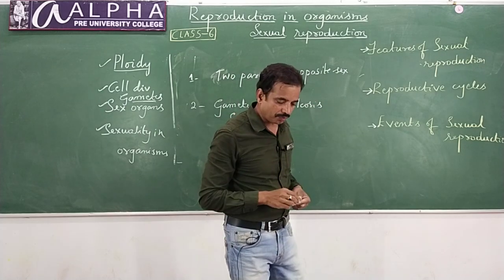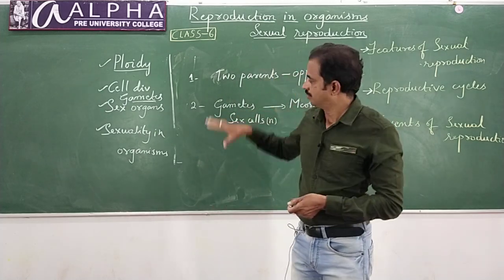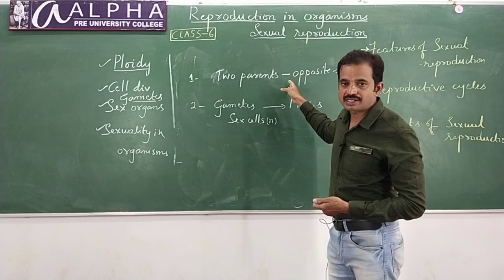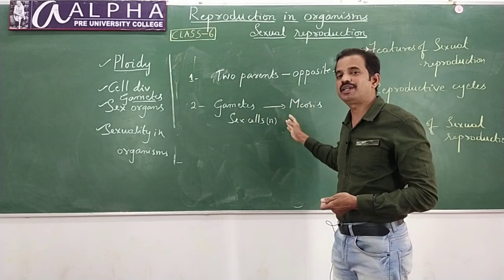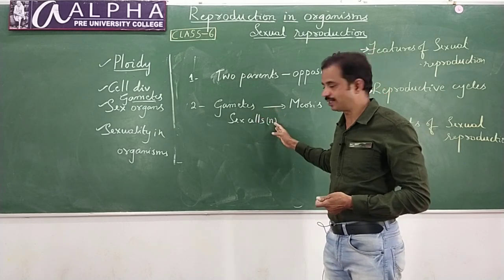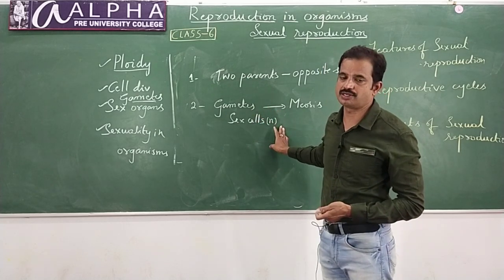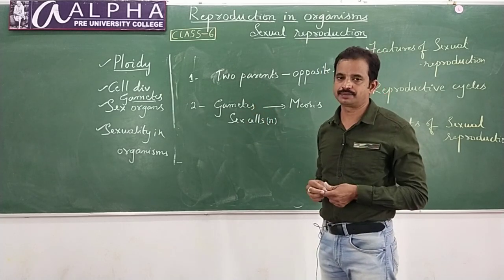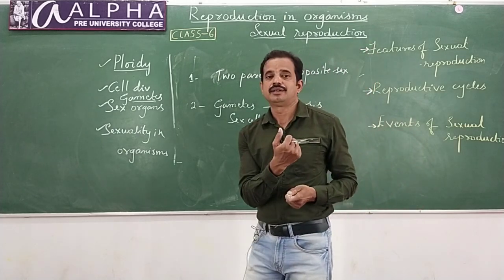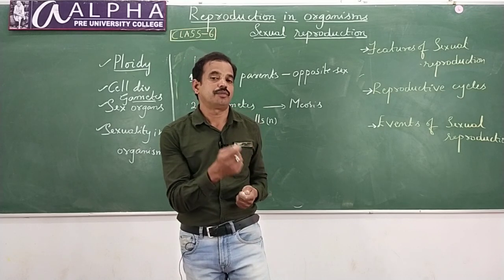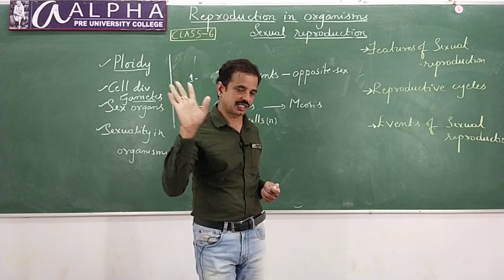During sexual reproduction, the two parents of the opposite sex produce gametes, haploid sex cells, sperm and ova, antherozoid or egg, by the process of meiosis in case of diploid parents, right? But in case of haploid parents, the gametes may be formed by the process of mitosis. That is clear for you.